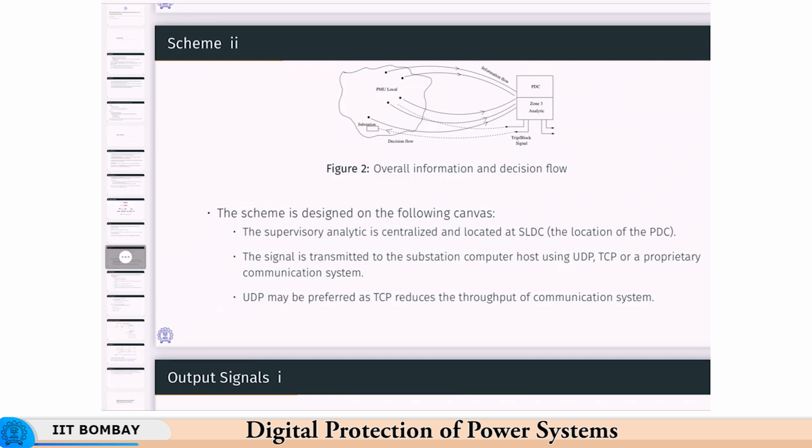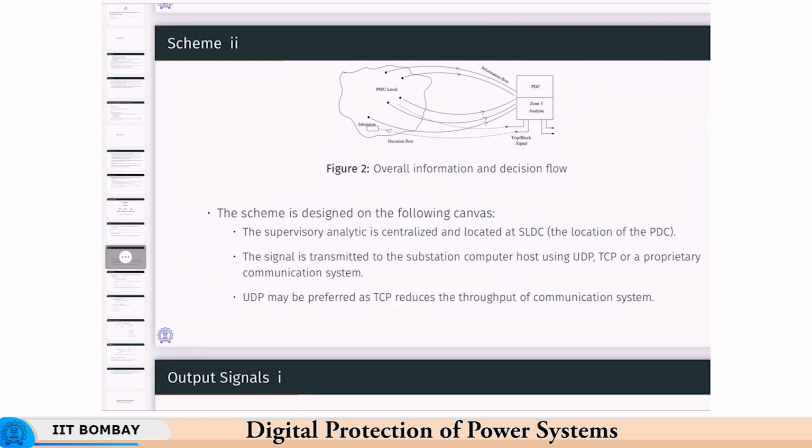Okay, so the supervisory analytic is located at the lowest level of the hierarchy, could be the state load dispatch center or the regional load dispatch center, as the case may be. And from the SLDC, where the PDC is located, the signal is transmitted back to the substation host computer using UDP, User Datagram Protocol, TCP/IP, or some proprietary system.